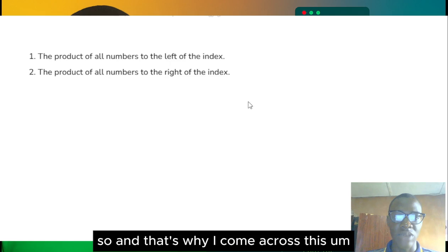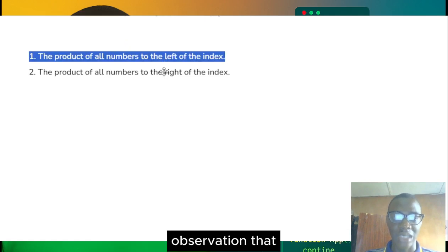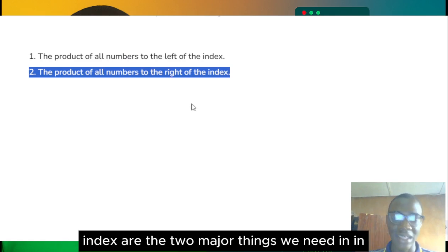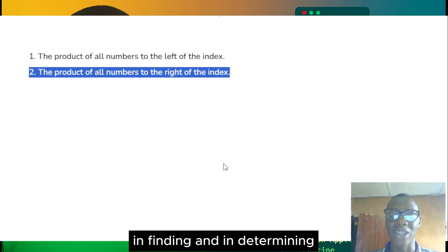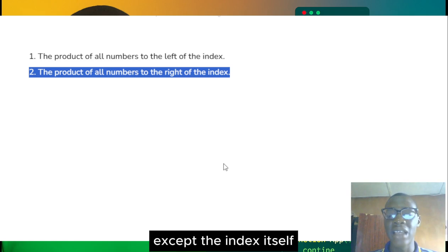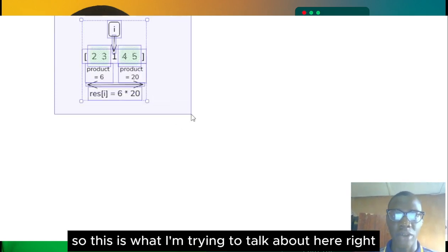So that's why I came across this observation that the product of all numbers to the left of the index and the product of all numbers to the right of the index are the two major things we need in determining the product of every element in the array except the index itself. So this is what I'm trying to talk about here, right?